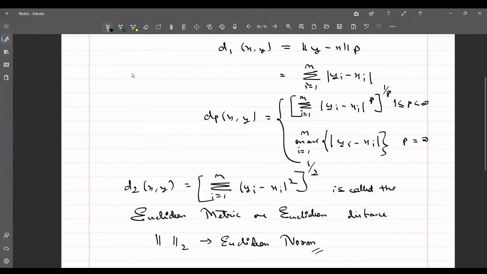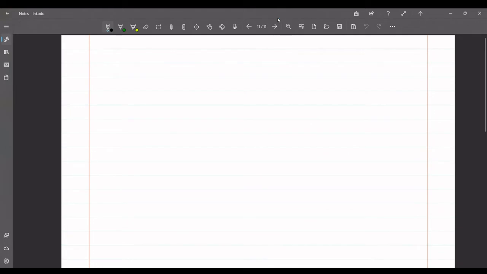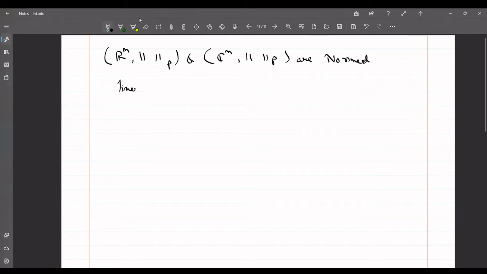Now similar norms can be seen in the n-dimensional complex space also. This is an observation and a simple conclusion. So what I was trying to say is that R^n with the p-th norm and C^n with the p-th norm are normed linear spaces, hence metric spaces.